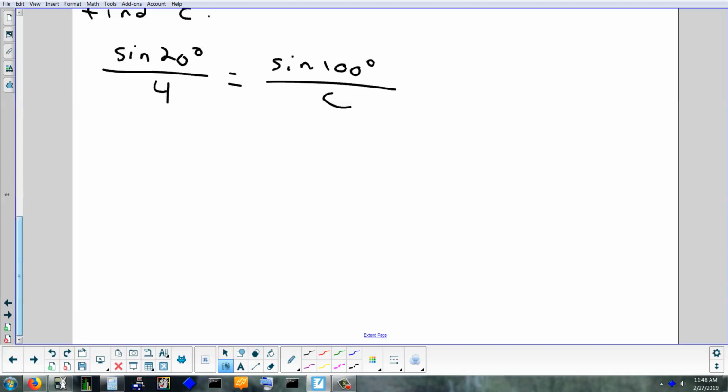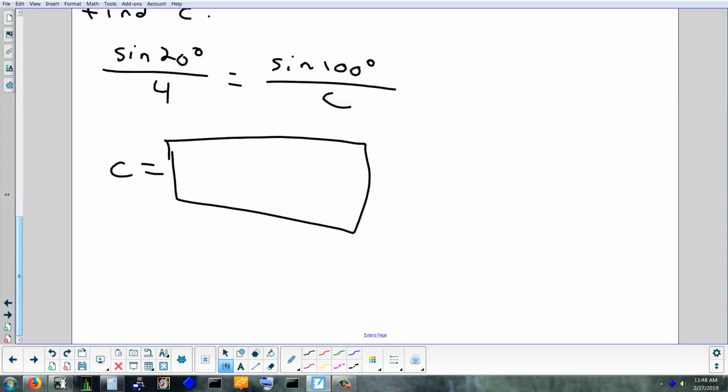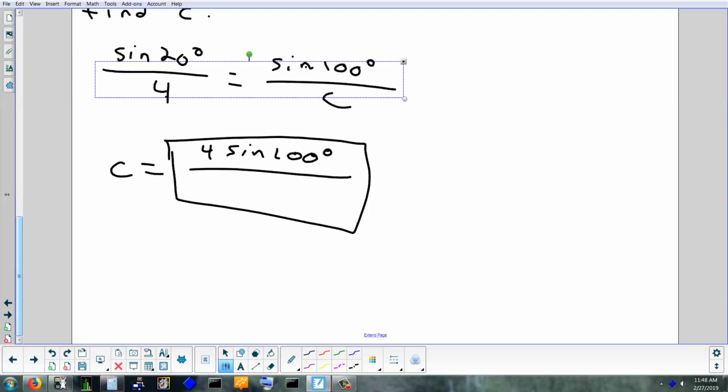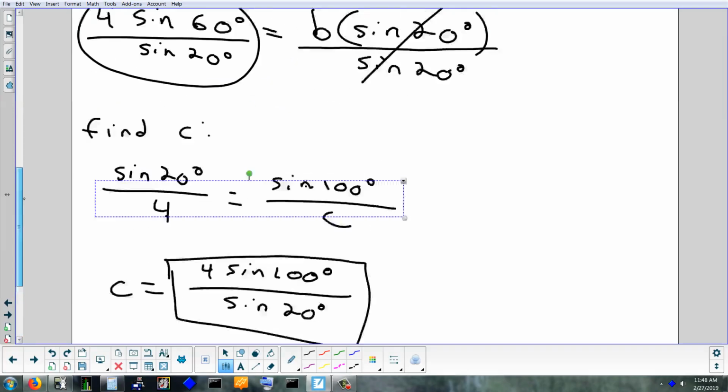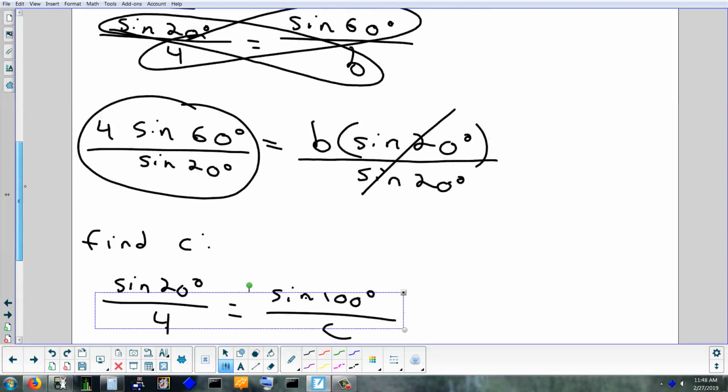Yep. And if you can do the cross multiply all in one step, that's fine. So when you cross multiply, you've got 4 sine 100. And then to get C by itself, you're going to have to divide by sine 20. If you want to write out the cross multiplying like I did here, that's fine too.